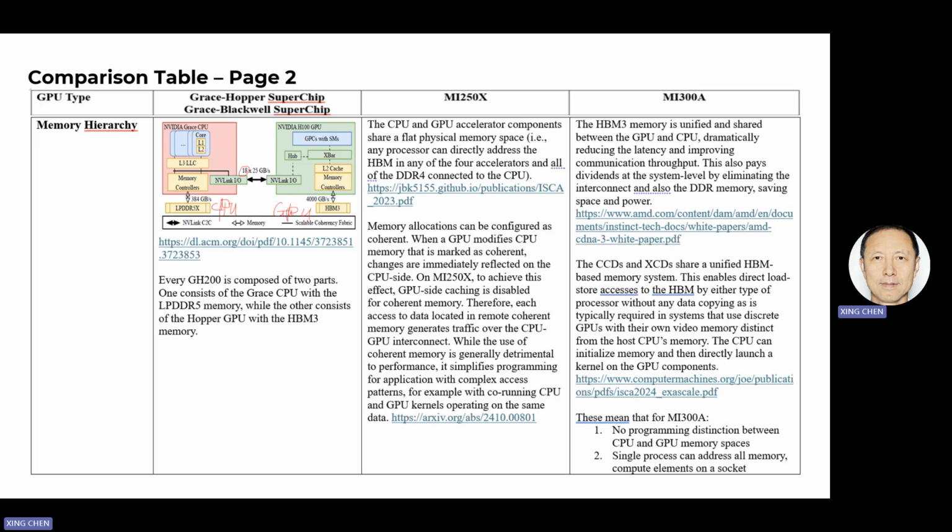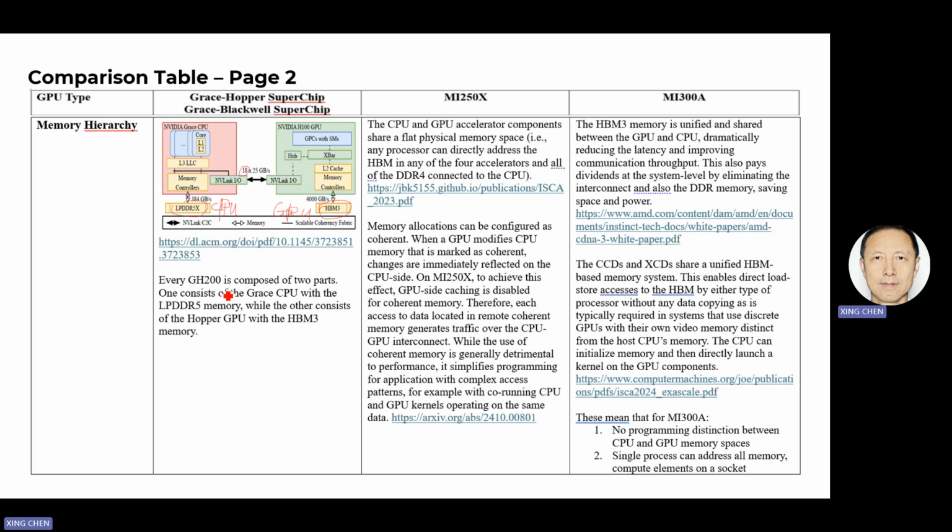But if you look at this kind of system, even for the superchip, the CPU has its own memory. For Grace it is LPDDR5X, and for the GPU it is HBM3, and the memory belongs separately to the CPU and to the GPU.